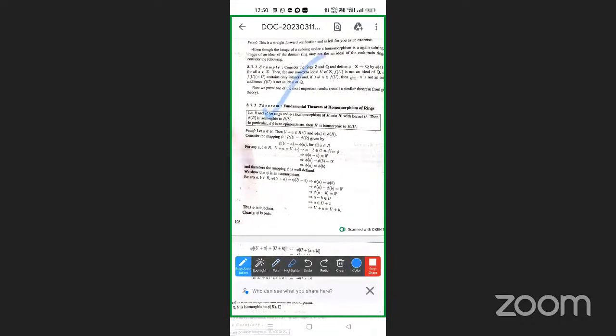And this is also the fundamental theorem of homomorphisms of a ring. State and prove the fundamental theorem of homomorphisms of a ring. So we'll see in the next class.